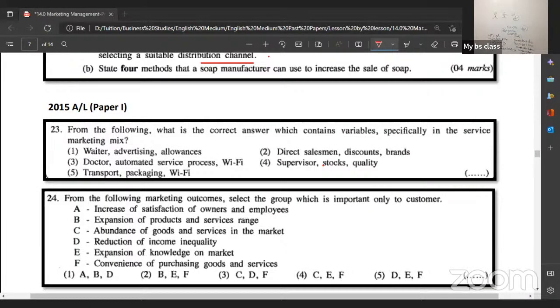From the following, what is the correct answer which contains variables specifically in the service marketing mix?